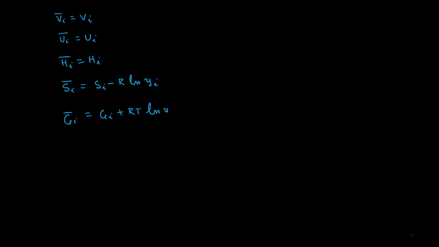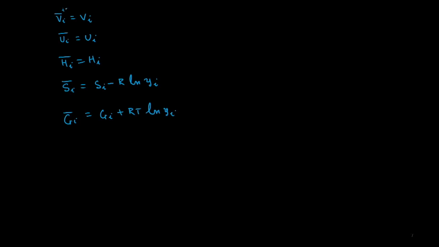Let's quickly summarize what we have done so far. Vi bar is Vi, Ui bar is Ui, Hi bar is Hi, right? Si bar is Si minus R ln yi, and Gi bar is Gi plus RT ln yi.